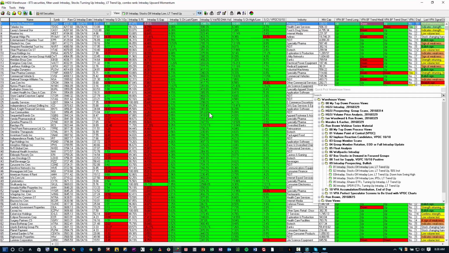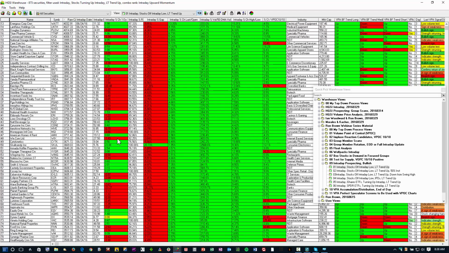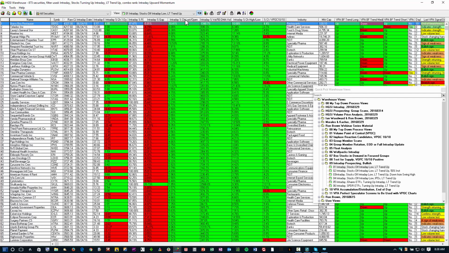Amazon held up pretty well, but there are a lot of stocks in the universe that money flowed into, and if they didn't close positive, and you can see that a lot of them did not close positive, this line right here, the percent change since the last open, shows that a lot of these stocks went up from their opening price.